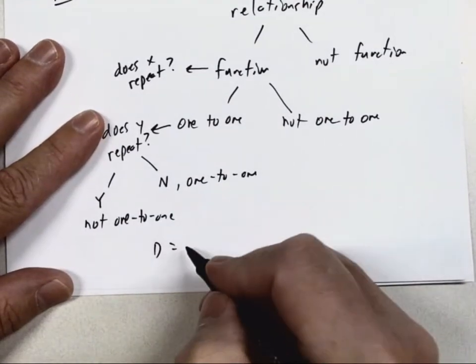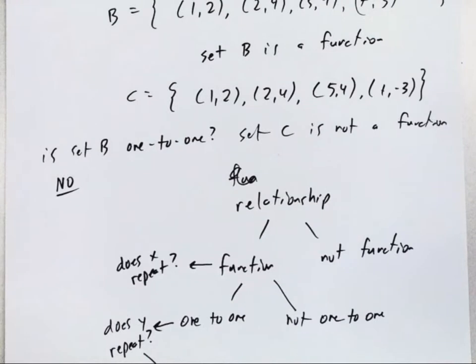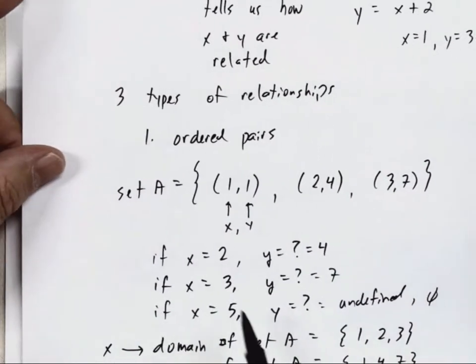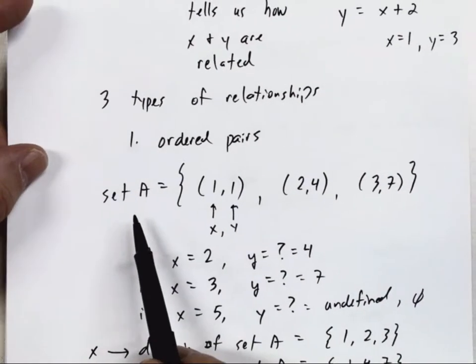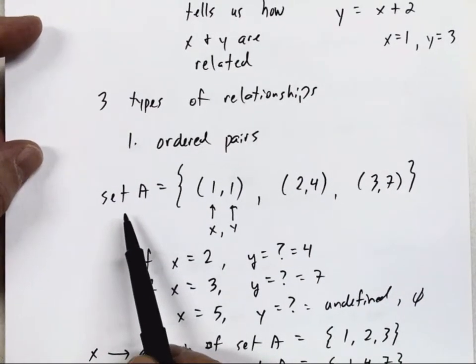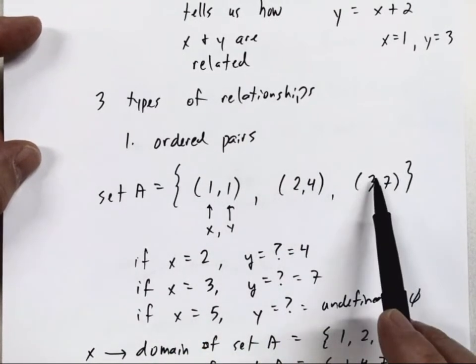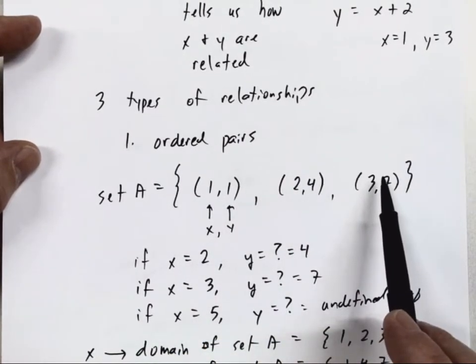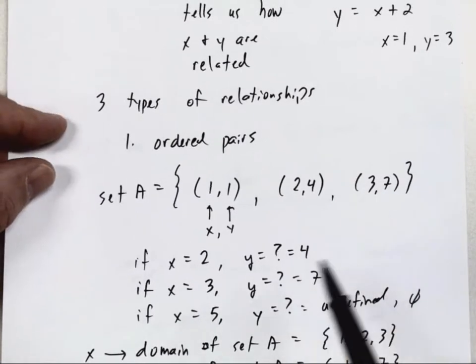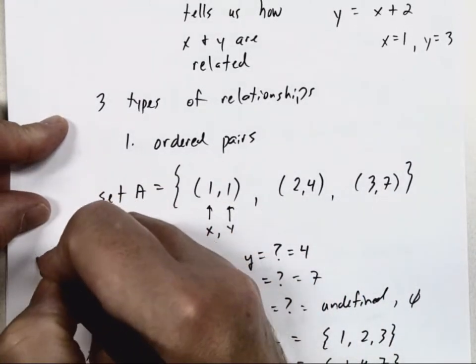Just for fun, actually, let's go back to the one I did earlier. Let's go back to set A. First of all, is set A a function? Look at my x's: 1, 2, 3. Since the x's did not repeat, it is a function.